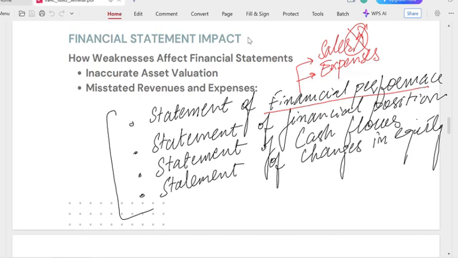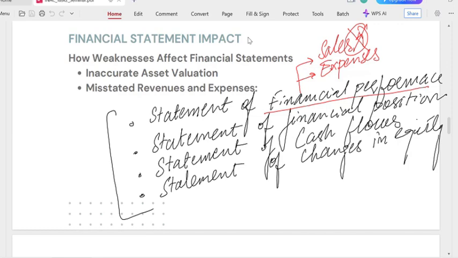So any of the assets should not be inaccurately valued, okay? You don't want your assets to be either overstated or understated.